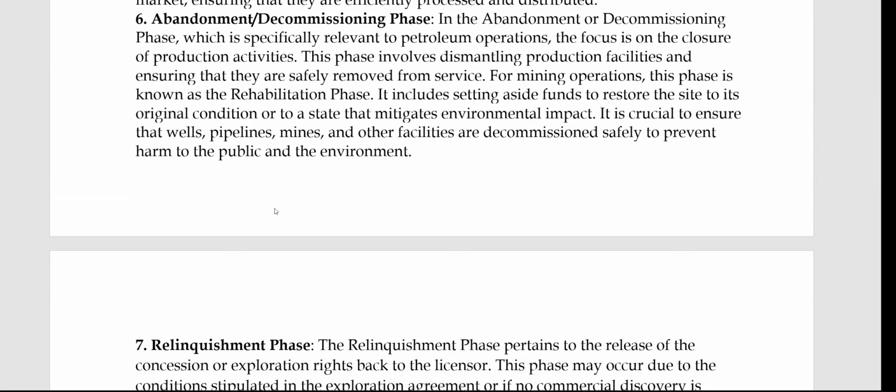For mining operations, this phase is known as the rehabilitation phase. It includes setting aside funds to restore the site to its original condition or to a state that mitigates environmental impact. It is crucial to ensure that wells, pipelines, mines, and other facilities are decommissioned safely to prevent harm to the public and the environment.